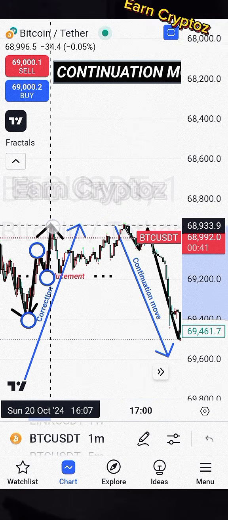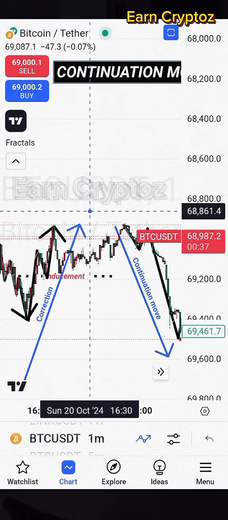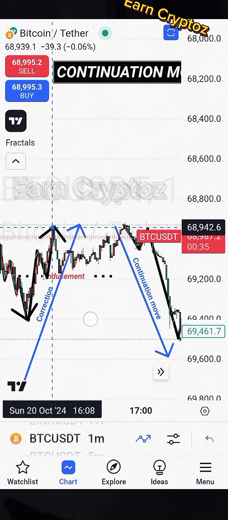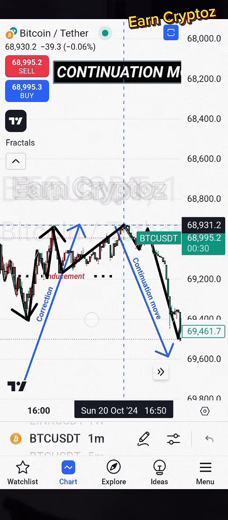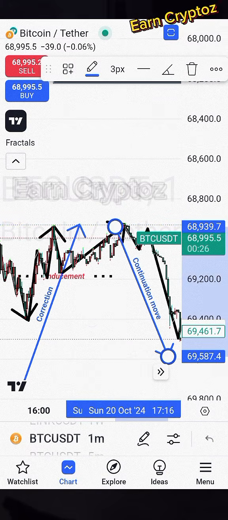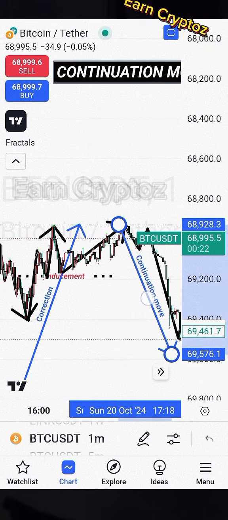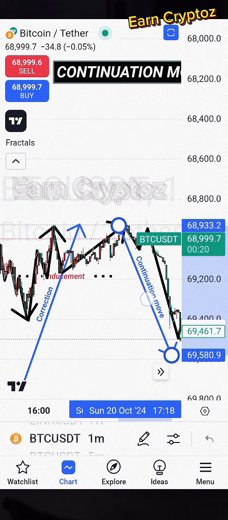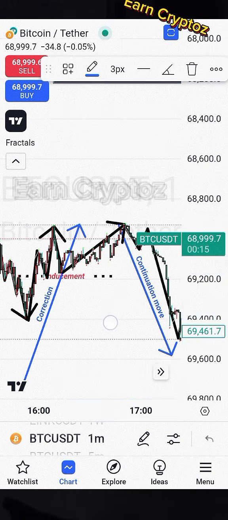This correction move actually went lower than this, so we're going to complete that. This is a valid pullback, then it went lower. You can see where the continuation move started from the top of the correction move, where the correction move ended.